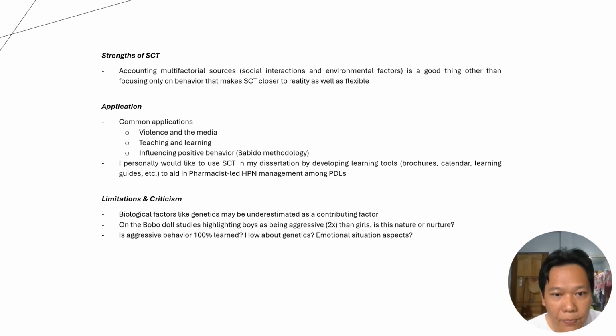Applications to violence and the media. For example, if there is too much violence in the media, there are points where you don't want the child to look at it because they might imbibe it. And then teaching and learning is a basic example. What we teach the kids, they learn.